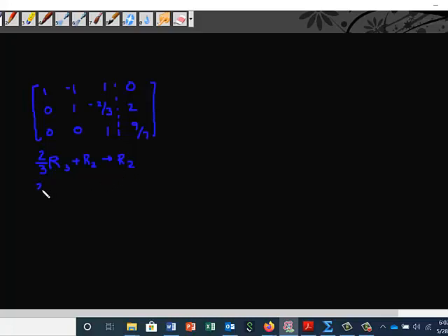So now when we show this, this is going to be 0, 0, 1, and this is 9 over 7. Okay, so distributing, this is what we get. This will be 18 over 21 added to row 2.